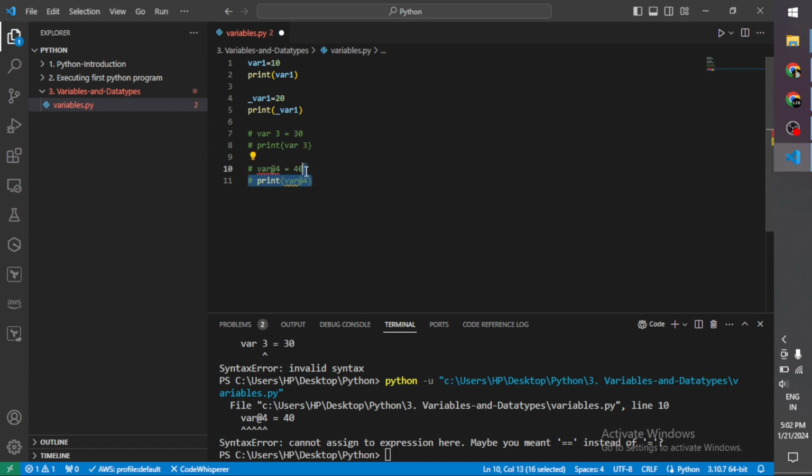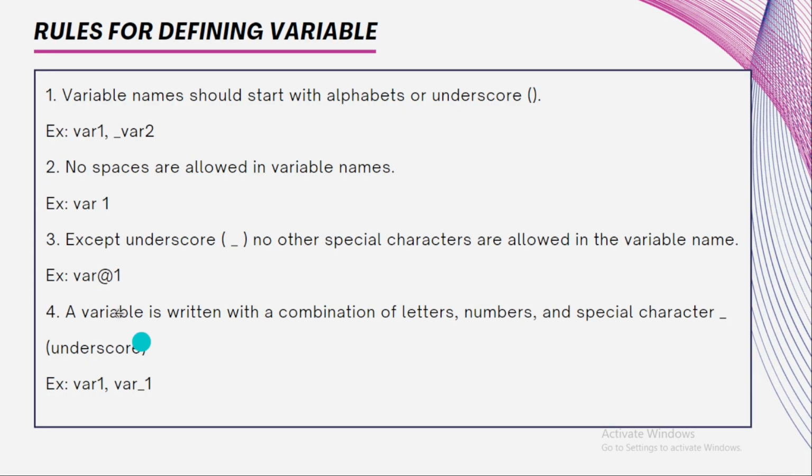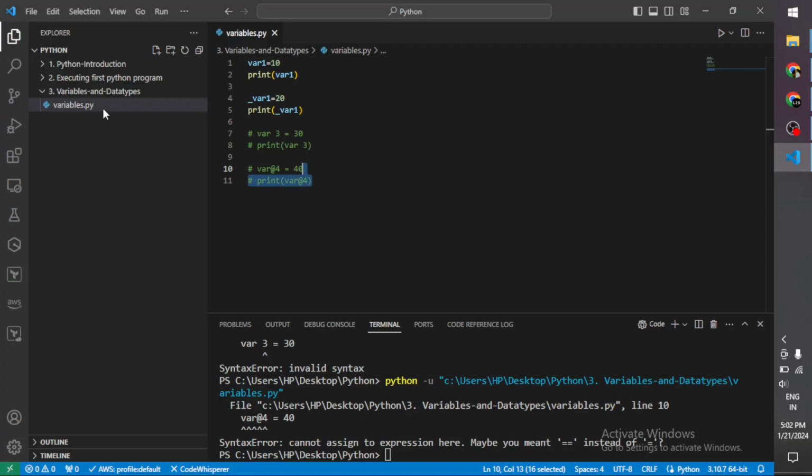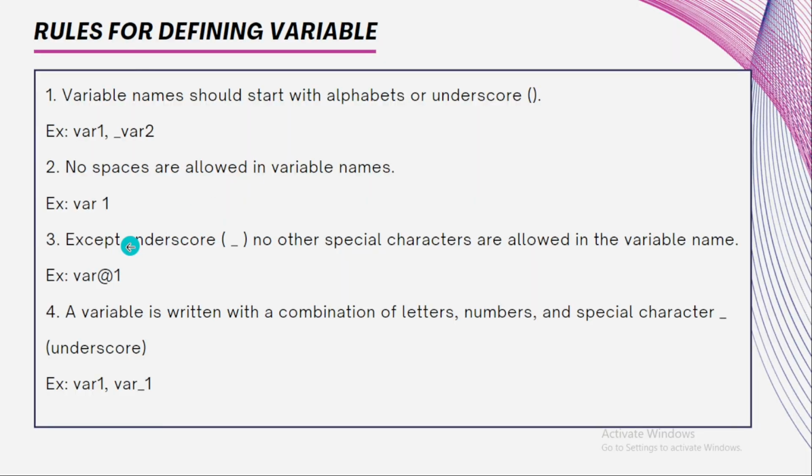So for example, I will try to demonstrate point number 4. A variable name is written with a combination of letters, numbers, and special characters or underscore. As I showed you, var1 is already executed in this example, where we are using alphanumeric, and we were able to use a special character underscore. And as per the third point, let me use underscore in between, because as the third point defines, only underscore is allowed in the alphanumeric variable.